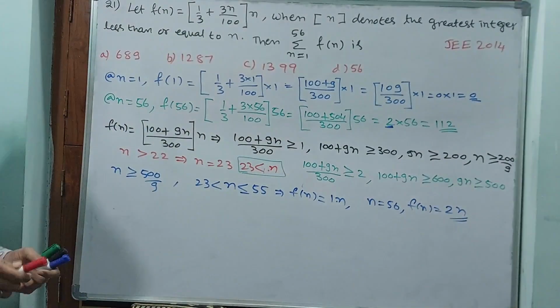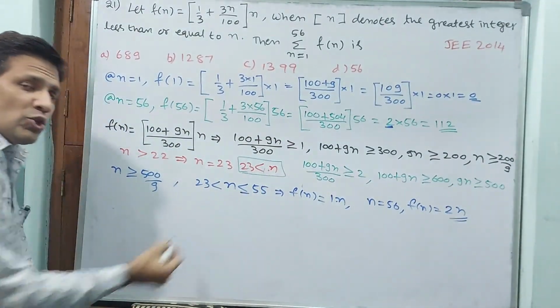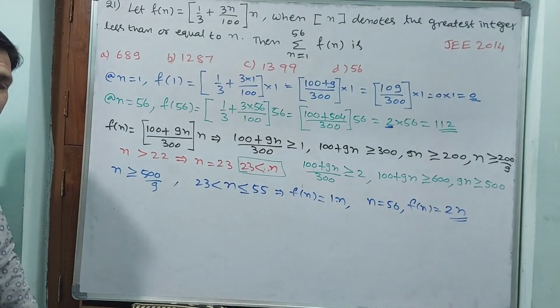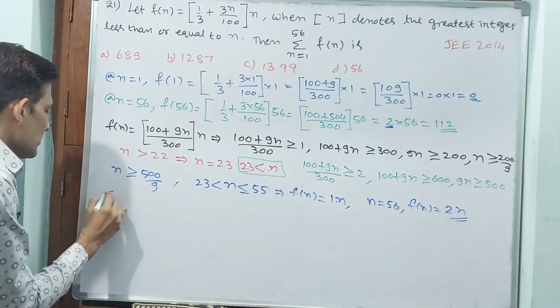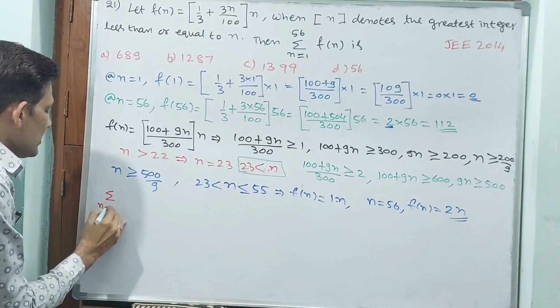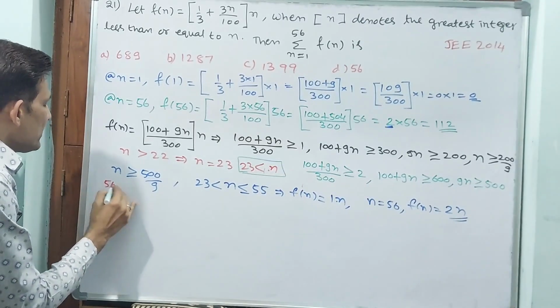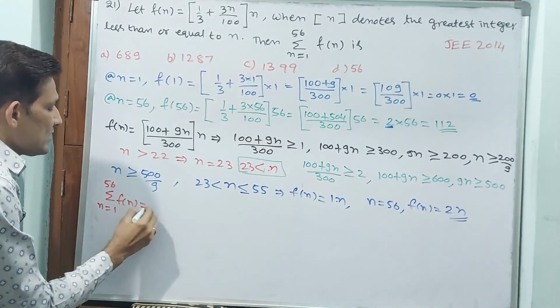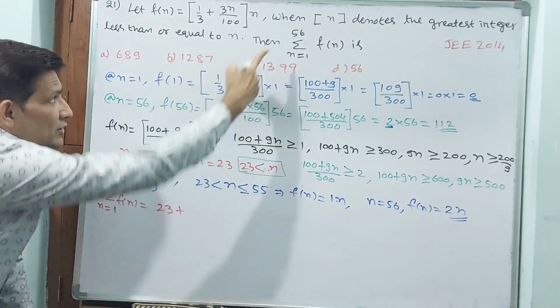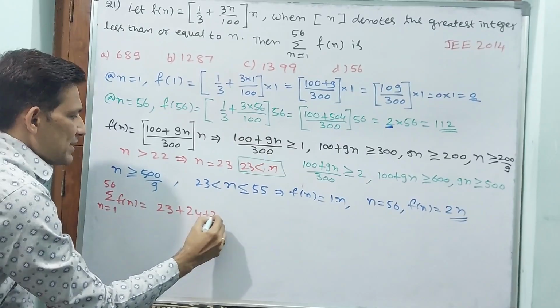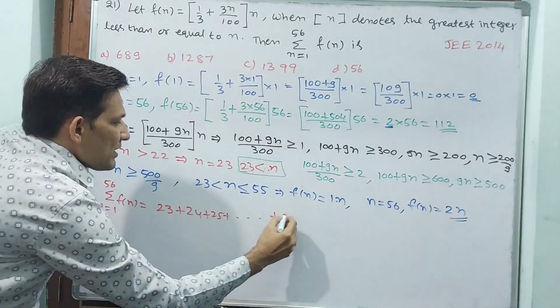Now from 23 to 55, if you give n, then 1 is coming, so shall I write like this: sigma n equal to 1 to 56 of f of n is equal to 23 plus 24 plus 25 plus dash plus 55.